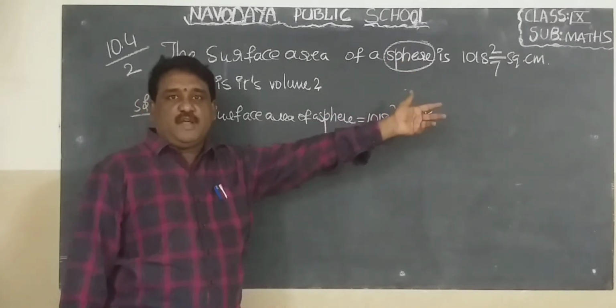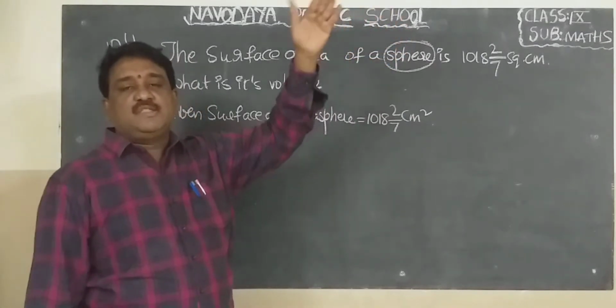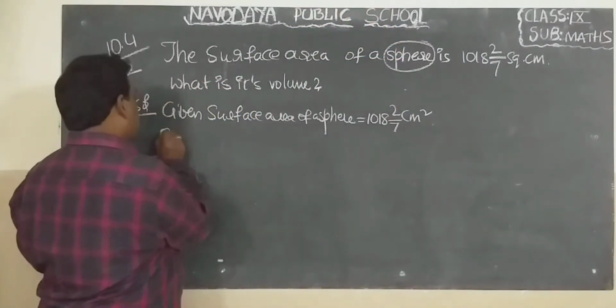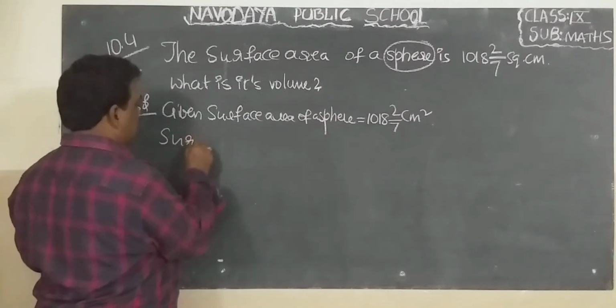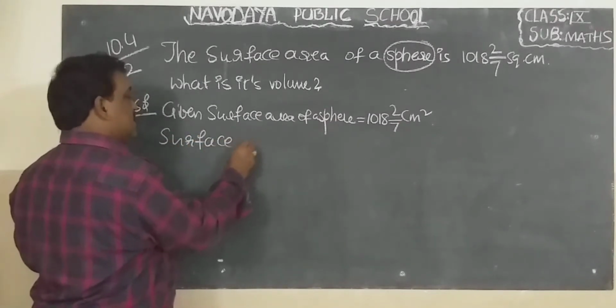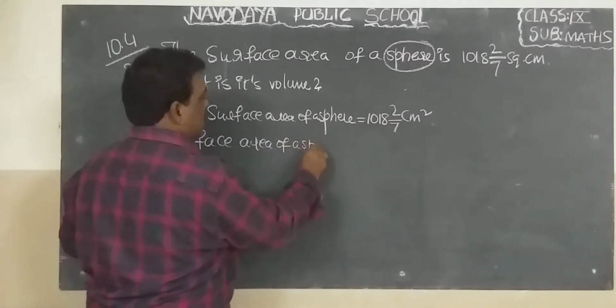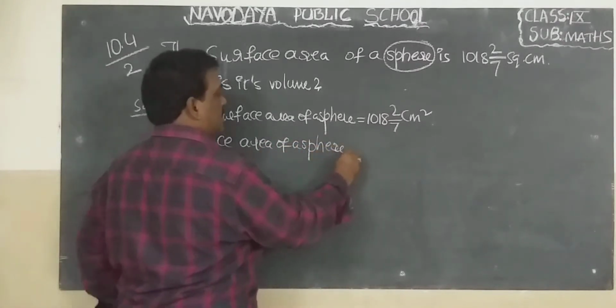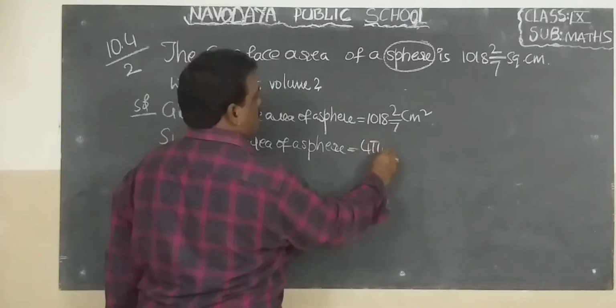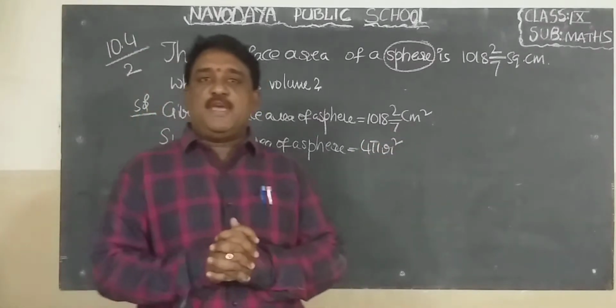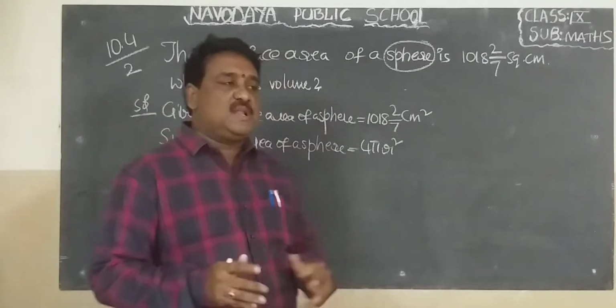It is a mixed fraction. Convert the mixed fraction into an improper fraction. Then what is the surface area of a sphere? Surface area of a sphere formula is 4 pi r square.